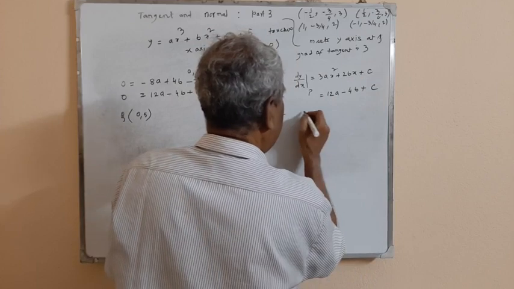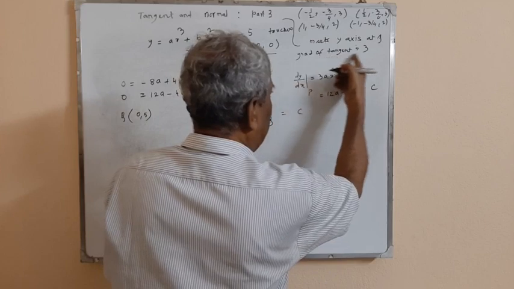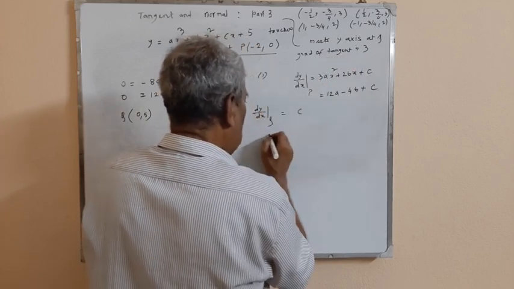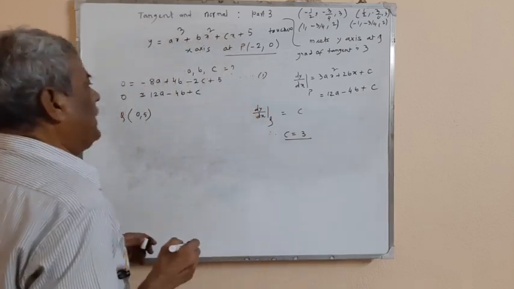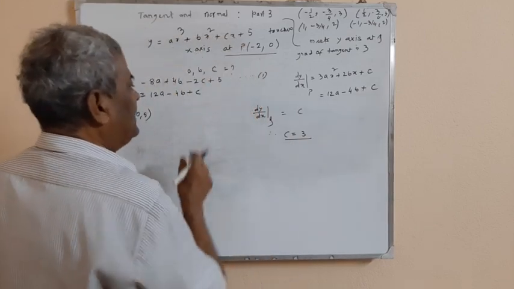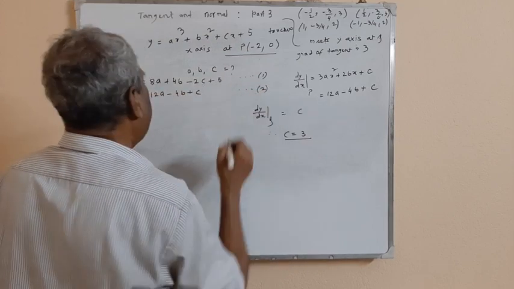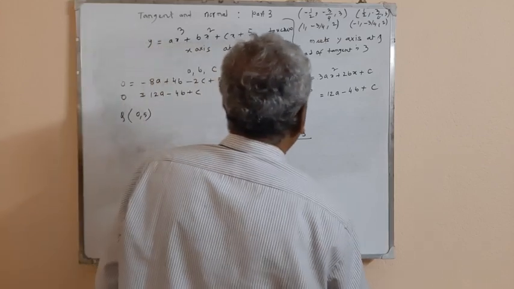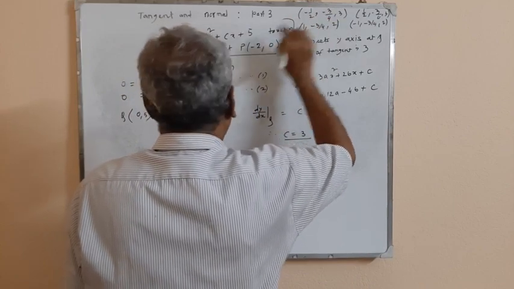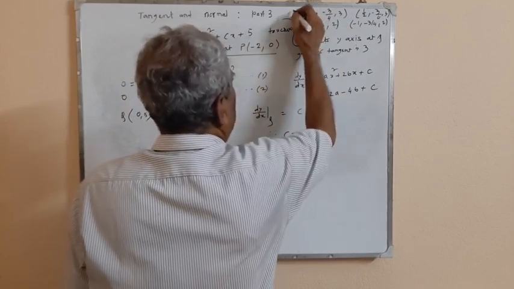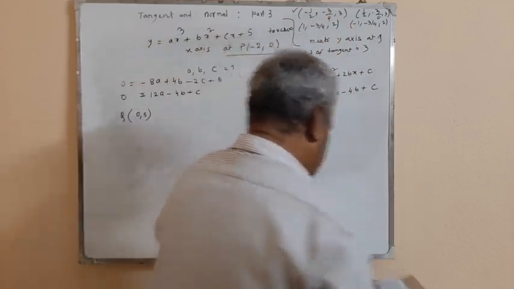As per condition, dy/dx at Q is 3, the gradient of tangent is 3. So c is equal to 3. Now putting this value of c in equation 1 and equation 2, we can very easily solve for a and b. And a will be equal to minus a half and b will be equal to minus 3 by 4 and c is 3. So the first option is correct.